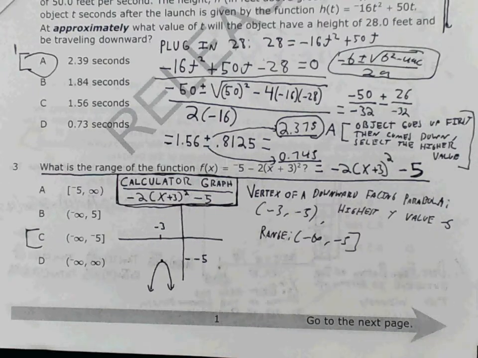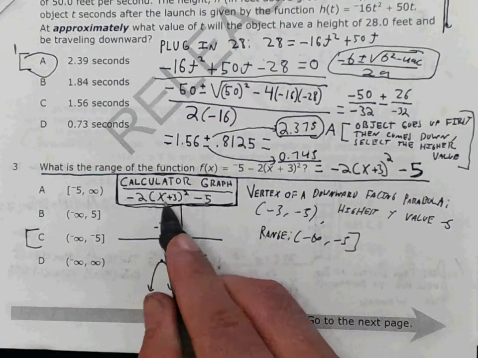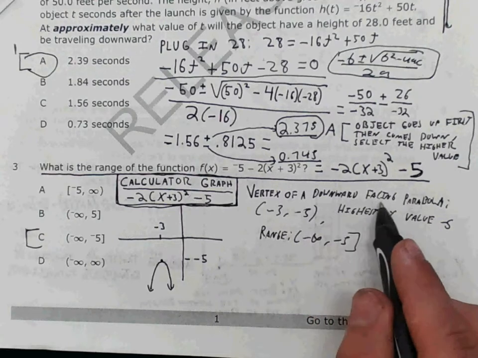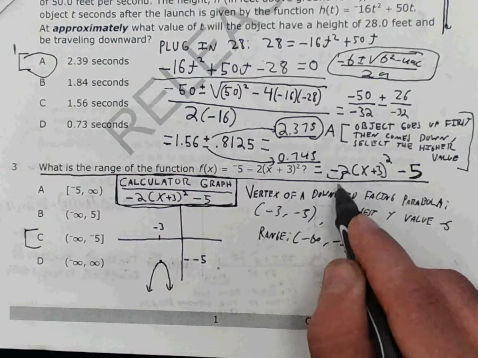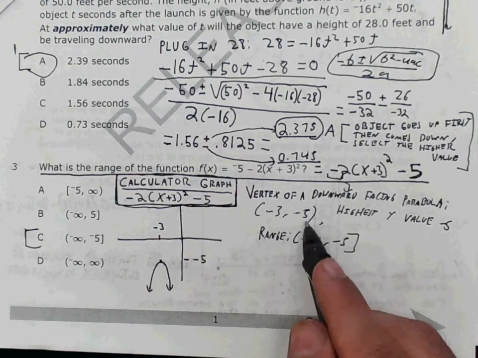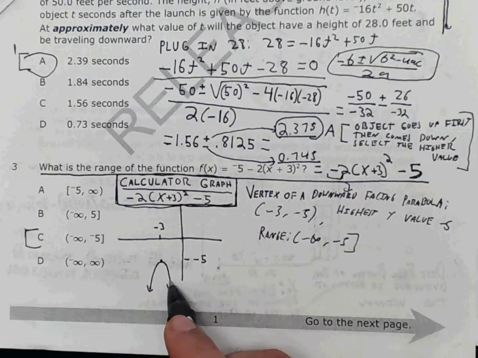So we have y equals negative 2 times x plus 3 squared minus 5. The vertex of this parabola, which faces downward because of that negative sign, is negative 3, negative 5, which means that the highest point of the parabola is negative 5. All other y values are below that.